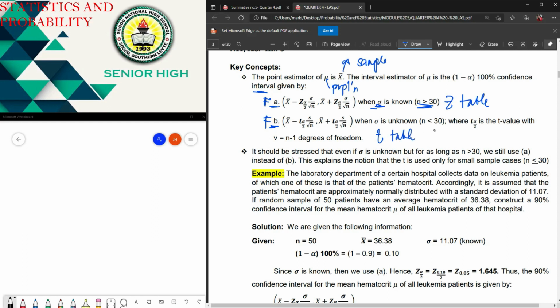These tables can be seen at the last page of this learning activity sheet.